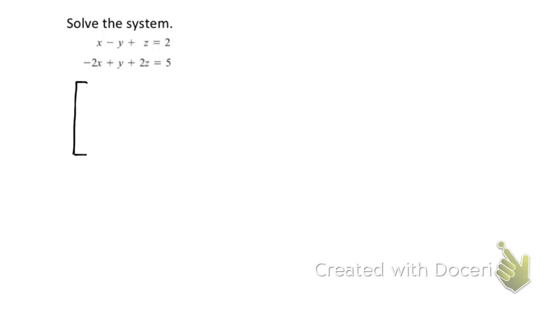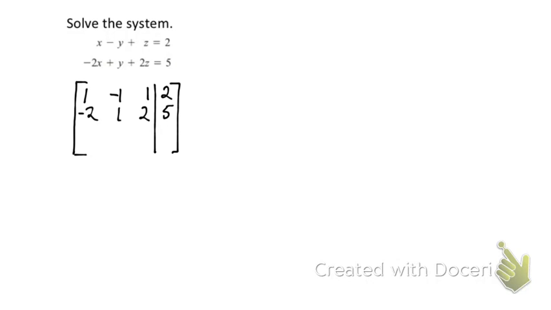For the matrix, they give me 1, -1, 1, and 2. They give me a -2, a 1, a 2, and a 5. But based upon my notes, I'm going to know that 3 variables need 3 equations.